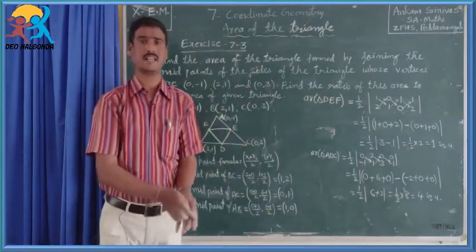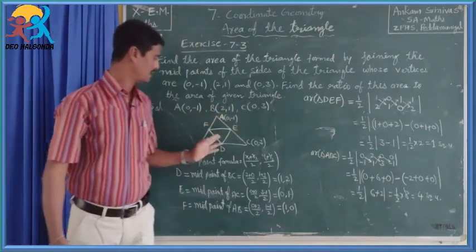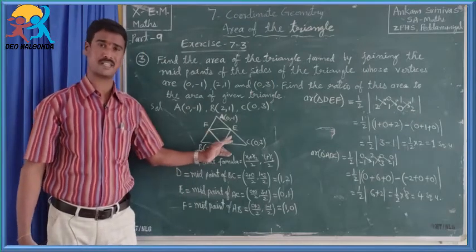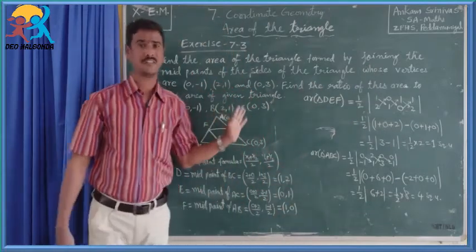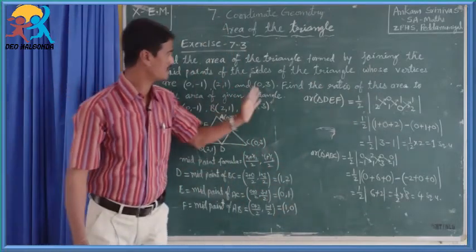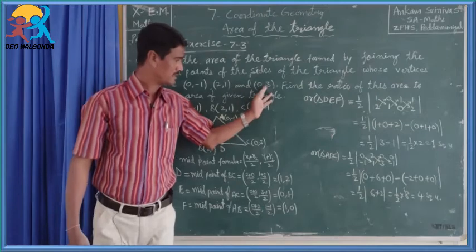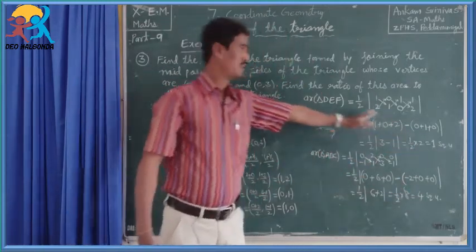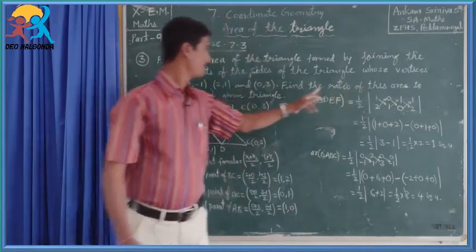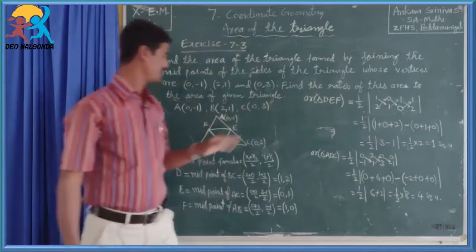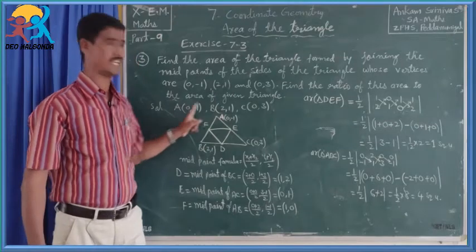What do you observe? The area of the triangle formed by joining the midpoints of the sides of a given triangle is 1 square unit. The area of the triangle whose vertices are 0 comma minus 1, 2 comma 1, and 0 comma 3 is 4. So we have to find the ratio of the area of triangle DEF to the area of triangle ABC.